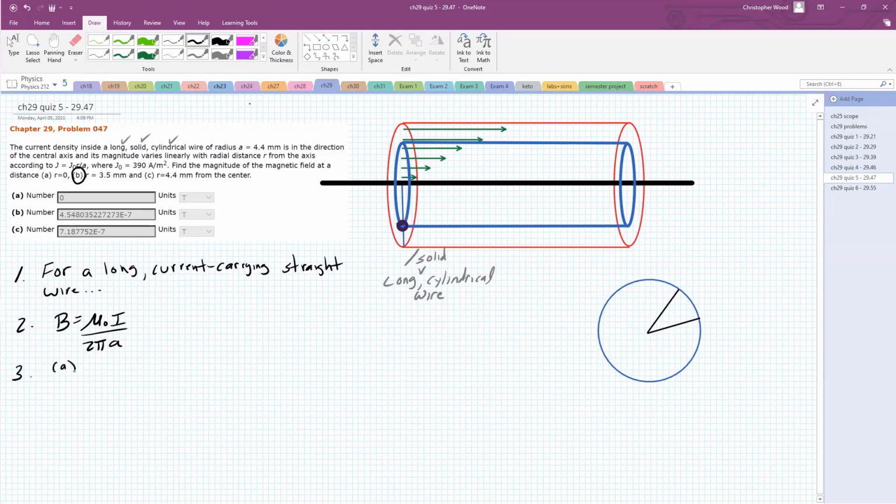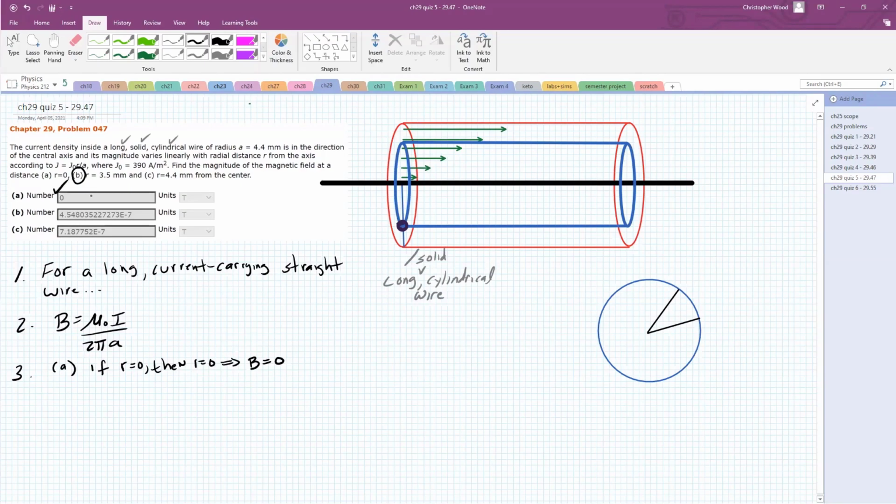For part A, if r equals 0, then I equals 0, which means B equals 0. Okay, so that's done.